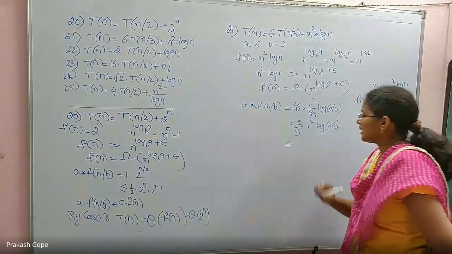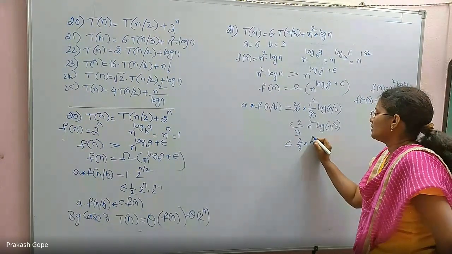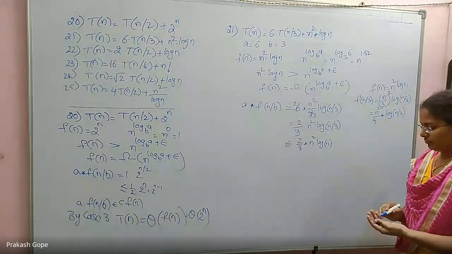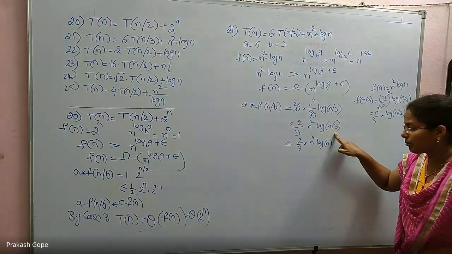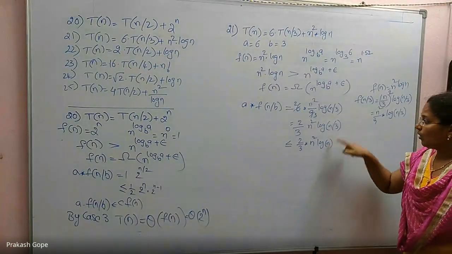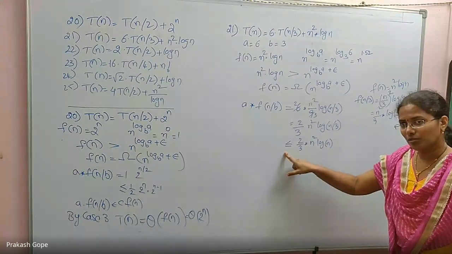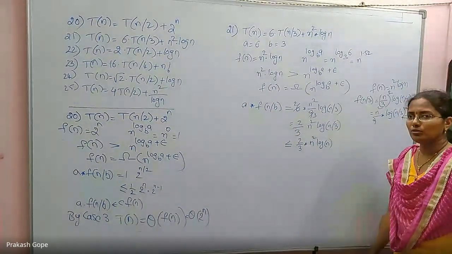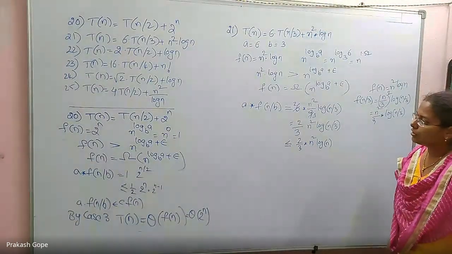Isn't this less than or equal to some constant into n square log n? Tell me. 2 by 3 is as it is, n square is as it is. This is log of n by 3, this is log n. Obviously, log of n by 3 is less than log n. So, less than or equal to is true. So, a into f of n by b is less than or equal to constant into f of n. Correct? So, second condition is also true.